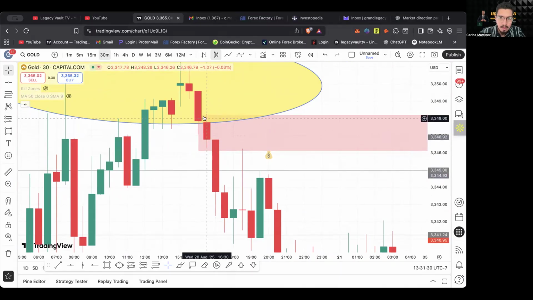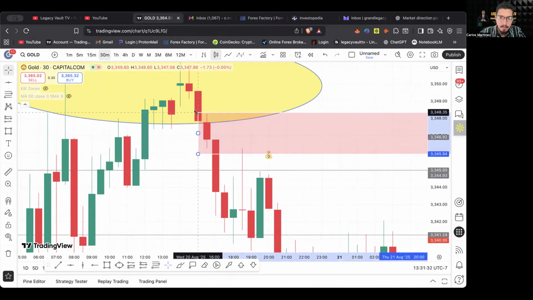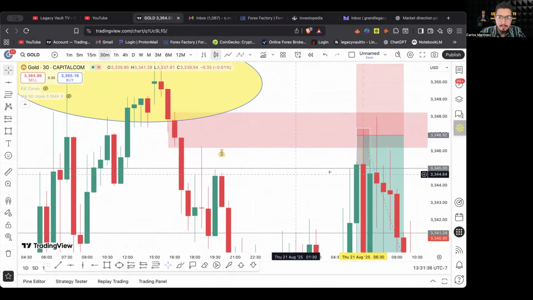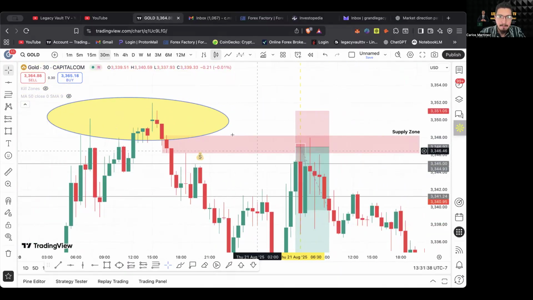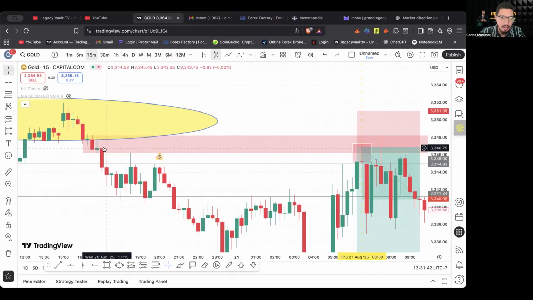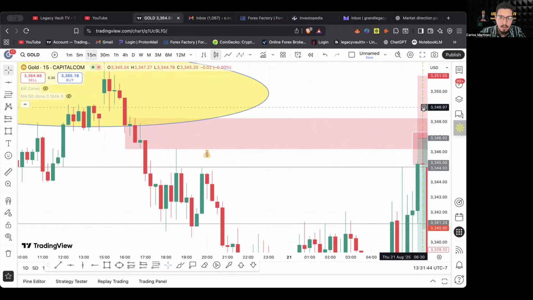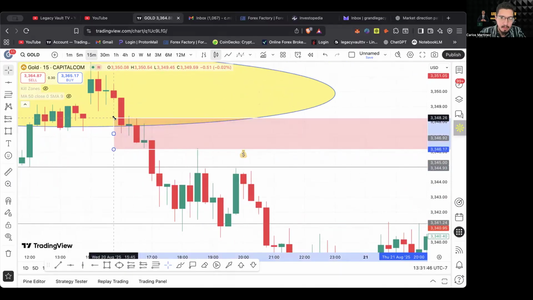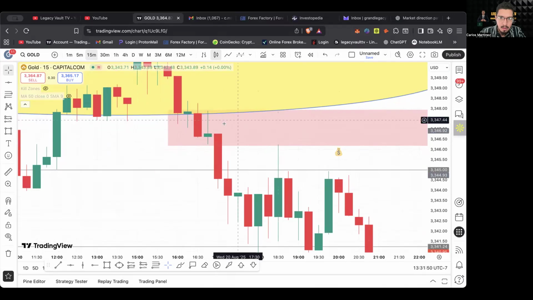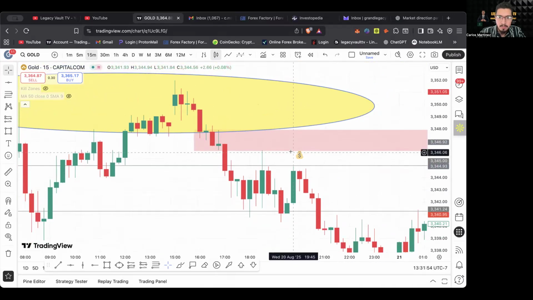See here, I took the zone from the top wick to the bottom wick. And looking at the 15 minute, you can also see it clearly there, from this candle to this candle. So that's how I drew my zone.